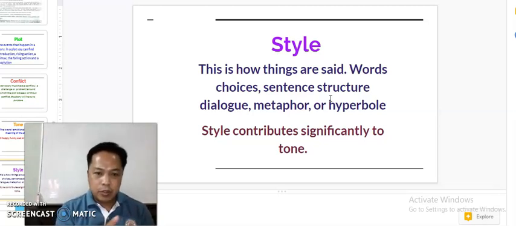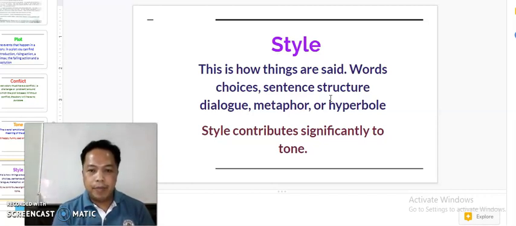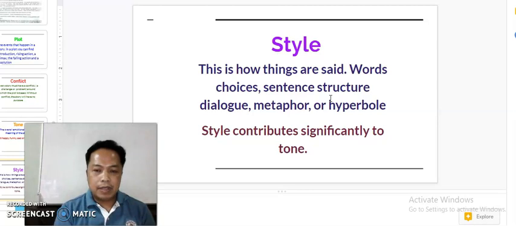Metaphor. Comparing two things or people, but don't use like or as. And also, I forgot the other one. It's simile. You can use this to compare two things or more using as or like.